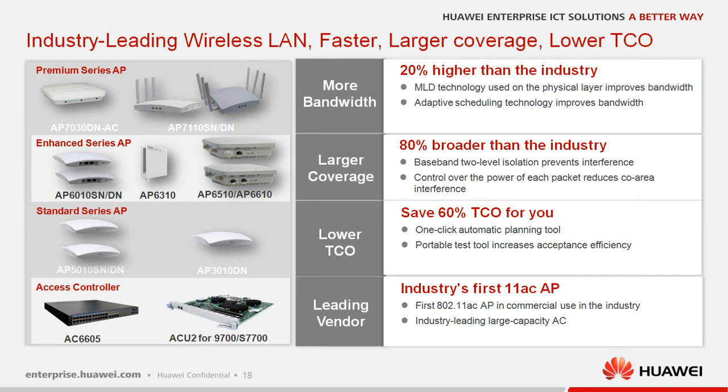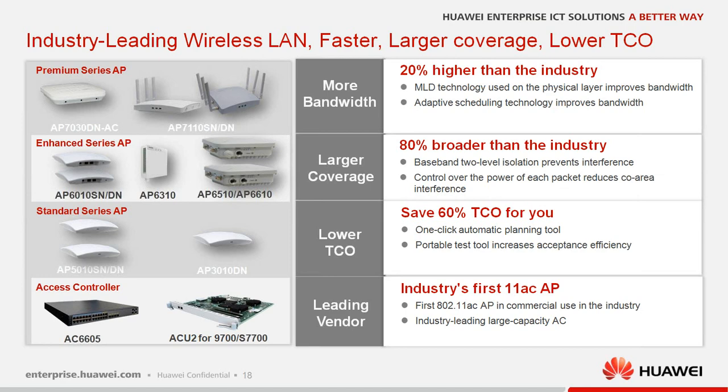Some of these access points are classified by size as premium, enhanced, and standard. We have our access controller 6605. One thing to mention is that we not only have separate access points, but also access points integrated into our campus leading switches like the 9700 and 7700.